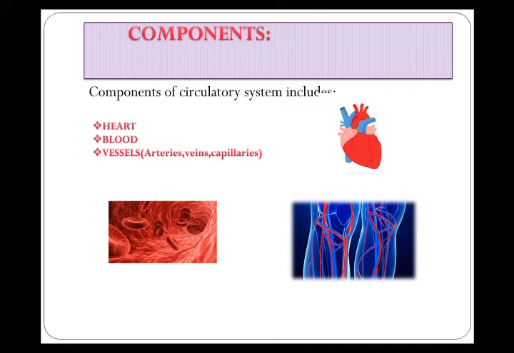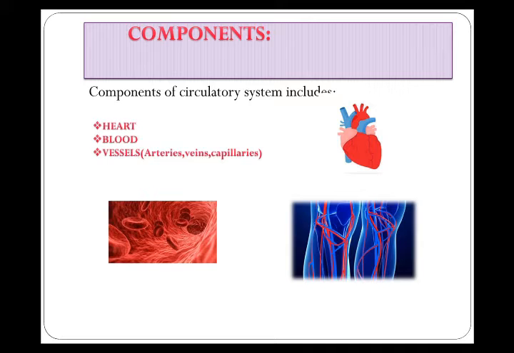Second is vessels. As we all know that we have a closed circulatory system. Closed circulatory system means a system where blood flows in ducts, blood flows in vessels. So there are three types of vessels like arteries, veins and capillaries in which blood flows.